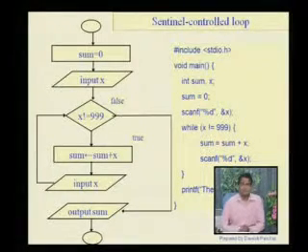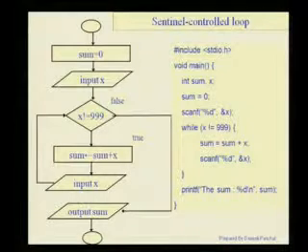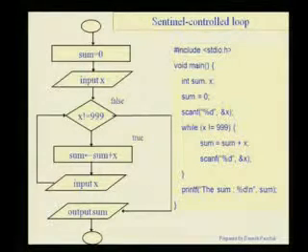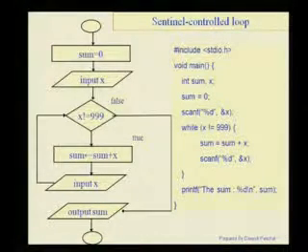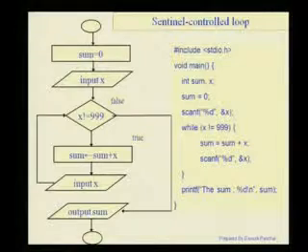This is the flow graph for this sentinel control loop. In this you can see that sum will be initialized to 0, and we are taking the input for the variable. Then in the condition portion we have specified the condition x is different from 999, then the loop will be repeated.